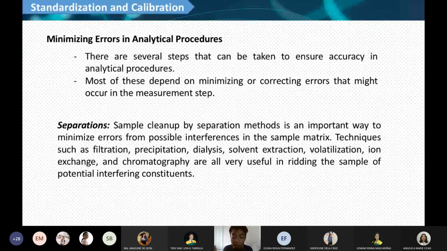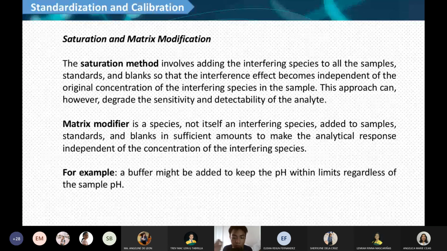Pero kung ang ating mga interferences ay mga molecular level o kaya ions, then you can do chemical modifications, no? Pwede ka mag-saturation, increase mo yung concentration nila, then later on, subtract mo yon so that you will be left with the analyte reading.